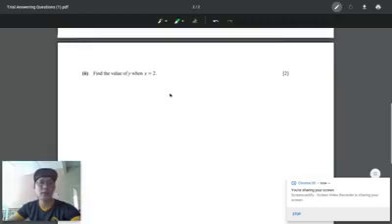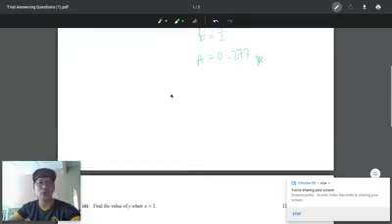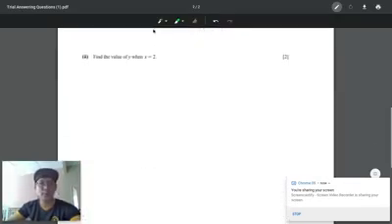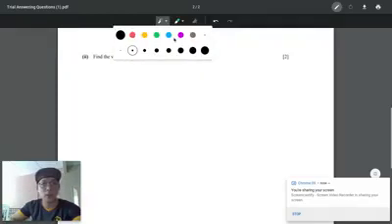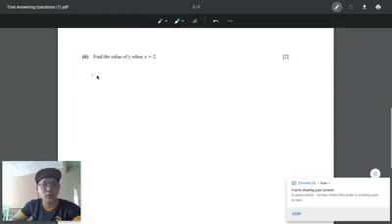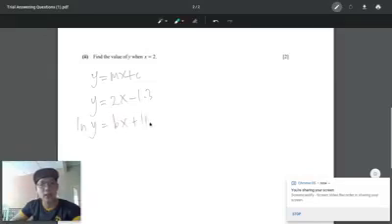Find the value of y when x equals 2. From earlier, from y equals mx plus c just now, we already know that y equals 2x minus 1.3. By comparison, this is ln y equals bx plus ln a.